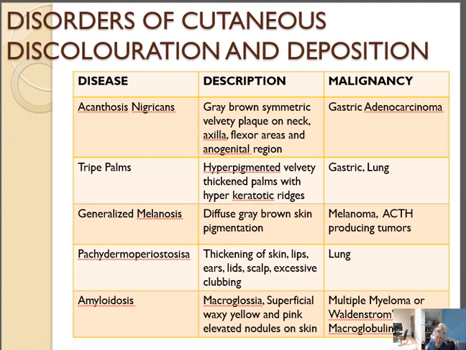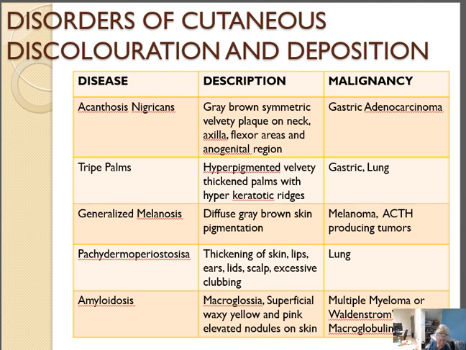Amyloidosis is very common in a lot of your multiple myelomas, Waldenstrom macroglobulinemia. You get macroglossia, similar to profound anemia, iron deficiency, and superficial yellow and waxy pink elevated nodules on the skin, almost like hyperlipidemia.